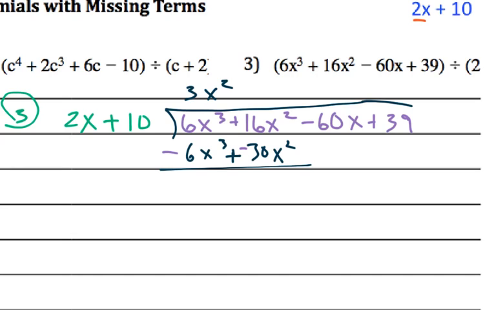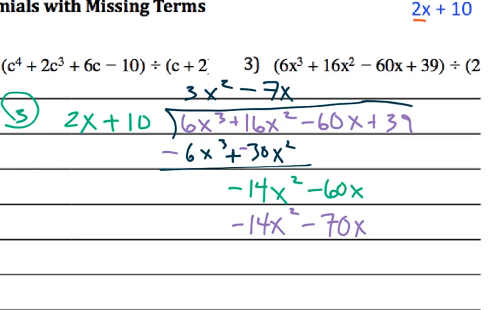And then I'm going to get a negative 14x squared minus 60x. Well, that means that a minus 7 is going to fit in up here. And that negative 7 also is going to have an x with it. So negative 7x times 2x gives me that minus 14x squared I was counting on. Negative 7x times 10 gives me a negative 70x.